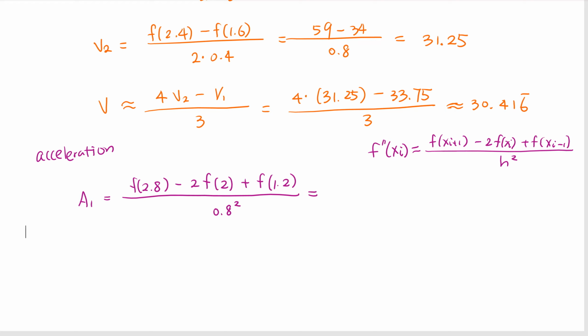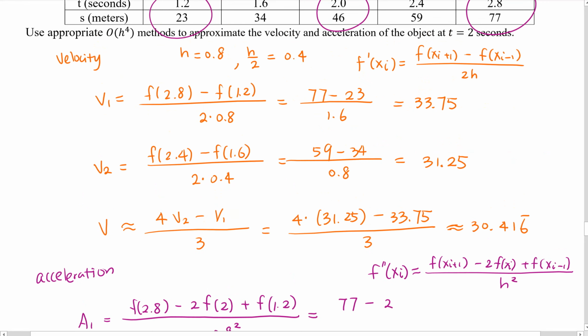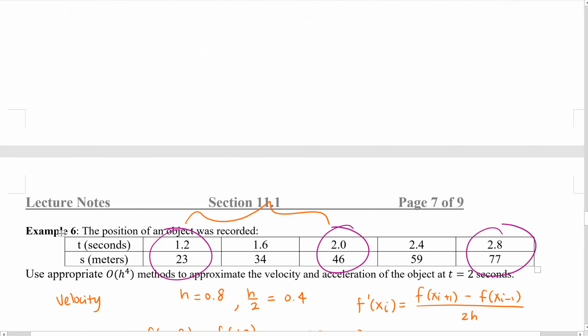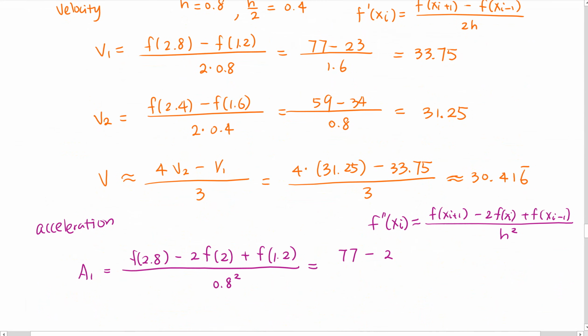Okay, if you remember, f of 2.8 is 77. What is f of 2? Okay, 46, and then the other one, f of 1.2, is 23. So this is 46, and this is 23, over 0.8 squared.